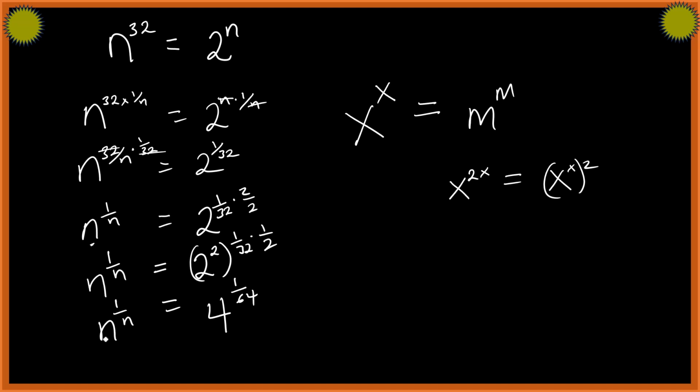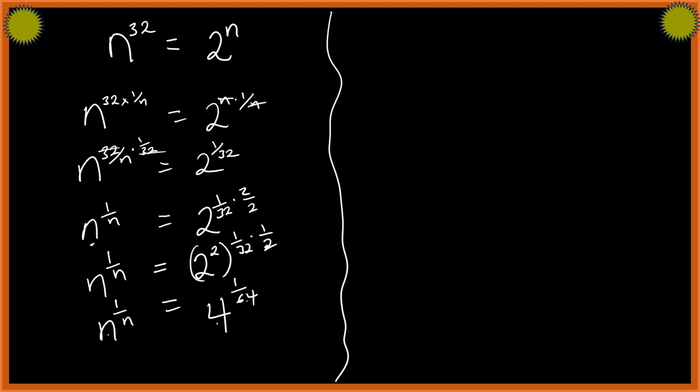Let's observe this one. We have the base here, and the denominator of the power is not equal to the base. So we need to adjust this one again so that we get something equal to that, by multiplying the power by 2 on 2.